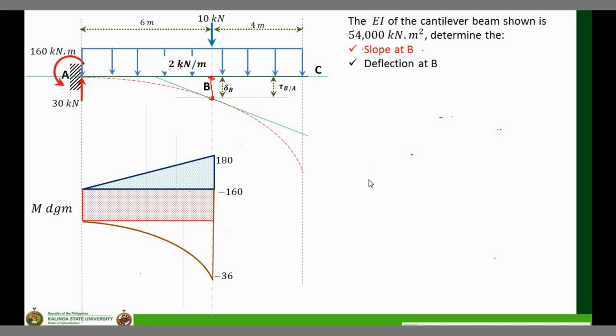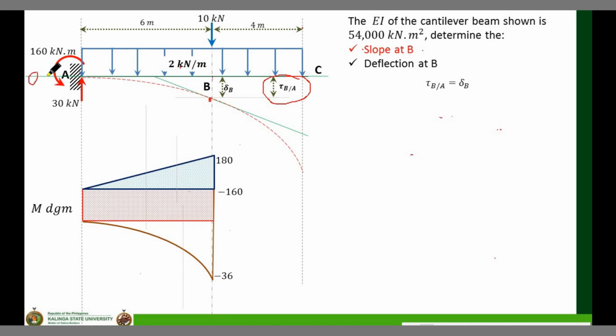From that diagram, the deviation of B with respect to A is equal to the deflection at B. This is t_B/A. From point B on the elastic curve, we draw a tangent line passing through A, the green line here.